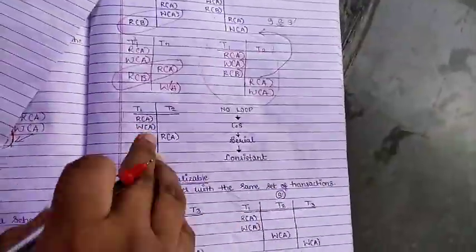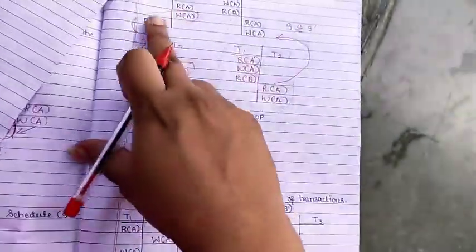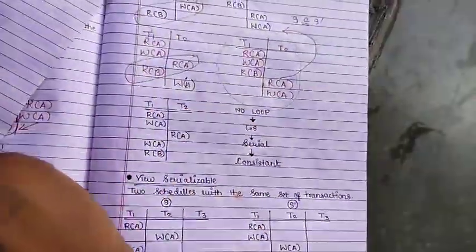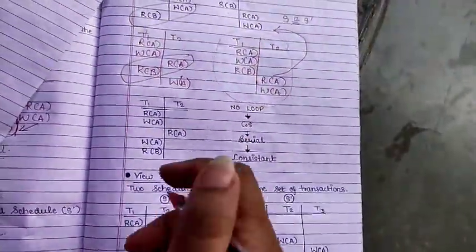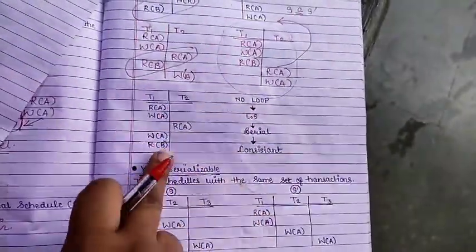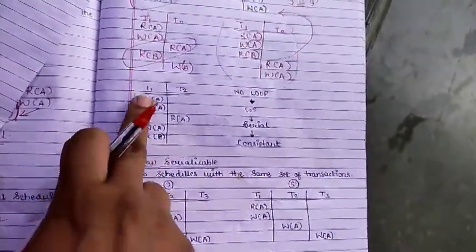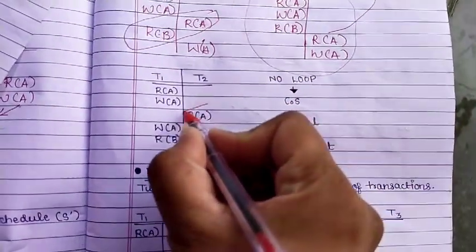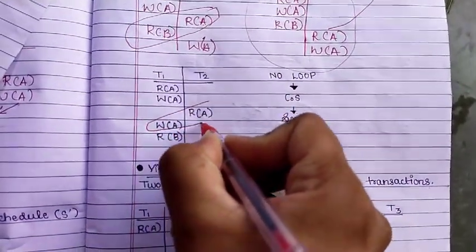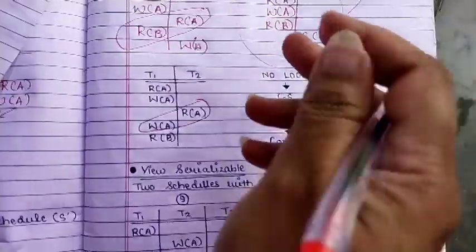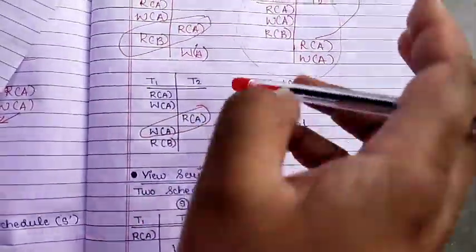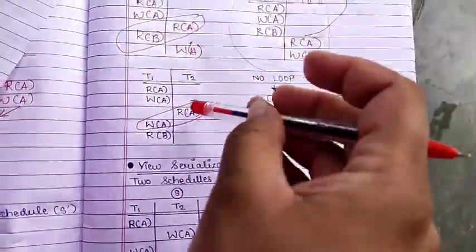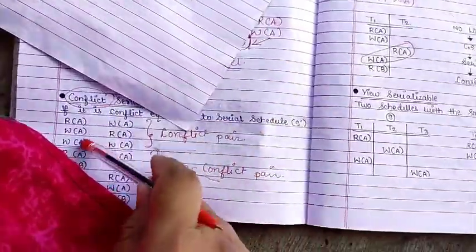Now what next? We swapped a non-conflict pair, right? Suppose there is another schedule with T1 and T2. Now we will check whether these two adjacent operations are a non-conflict pair. Now write A and read A. Let's check it.